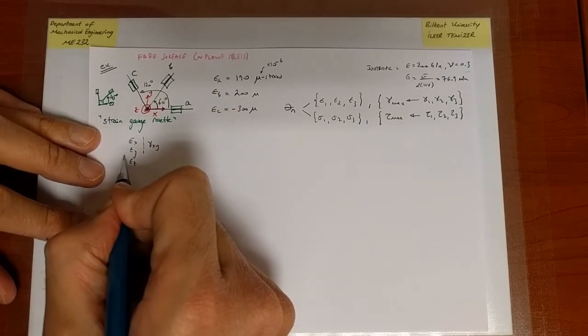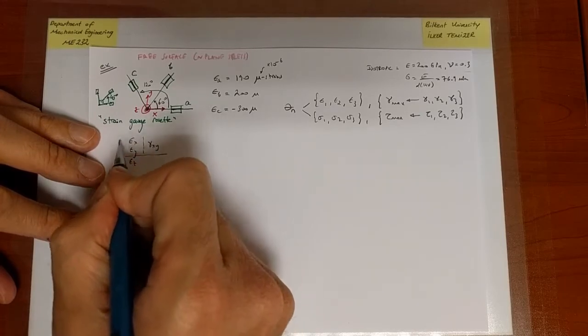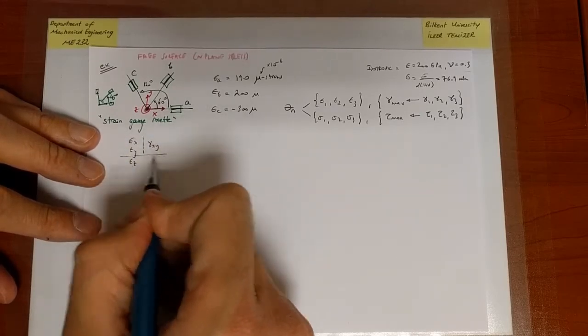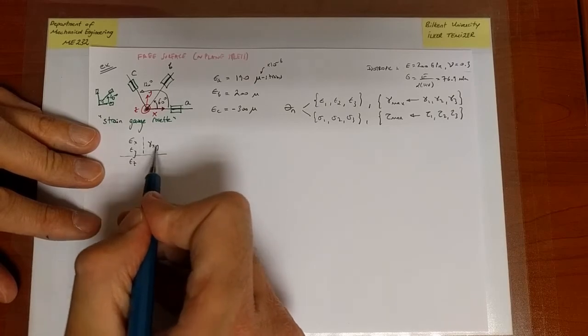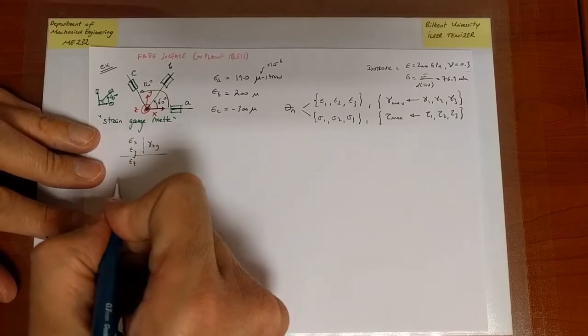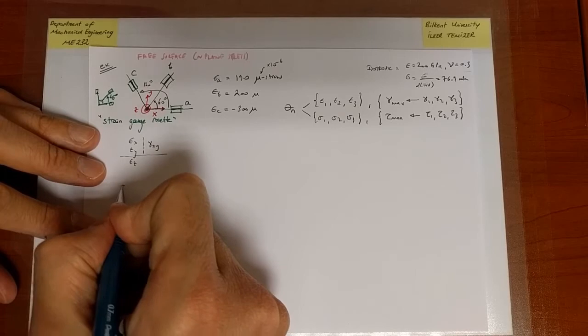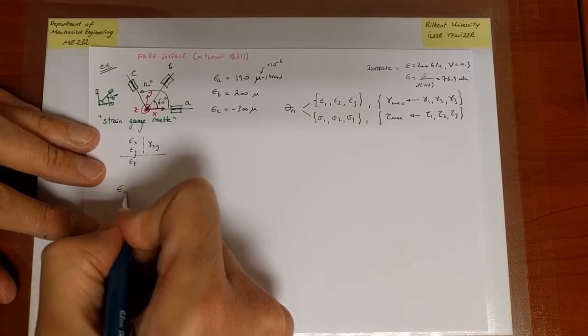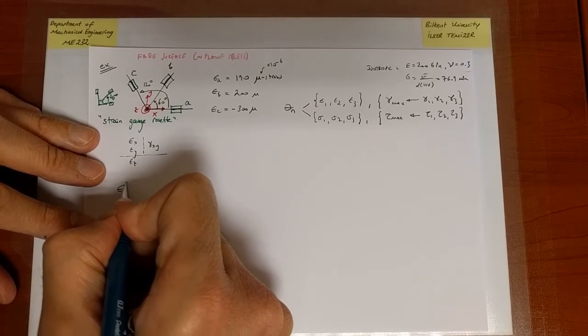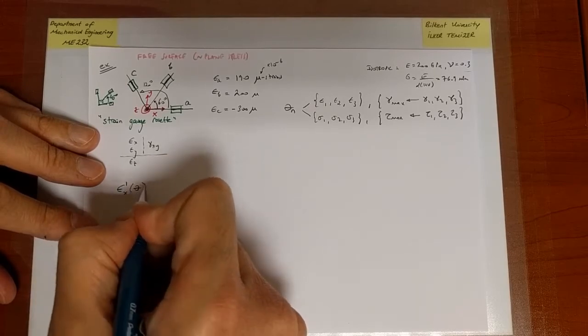This is a state of generalized plane strain, which is what I expect in this scenario. And if I know epsilon x, epsilon y and gamma xy, then I can write the value of any normal strain as a function of theta.